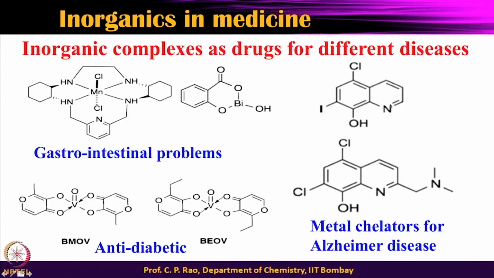So, these can act like a chelate, and here again a 5 membered chelate. So, you have metal chelators for chelating ions like zinc, ions like copper, etc. That is why they can act in Alzheimer's disease, because in Alzheimer's disease the active ions are zinc and copper. So, these ions can be chelated and removed.